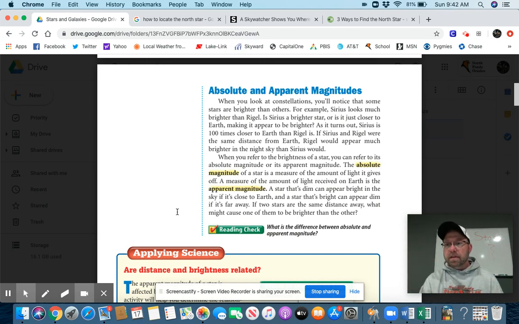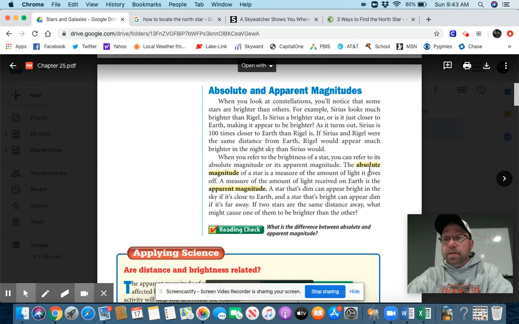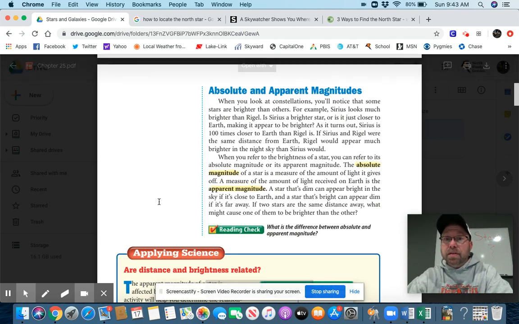All right. When you look in the direction of the sun, because you never want to look directly at it, it appears to be very, very bright to us on Earth, which it is. Now, if we compare the sun to other stars, we use the absolute magnitude, which is a measure of the amount of light it gives off, which means that's kind of its real brightness.